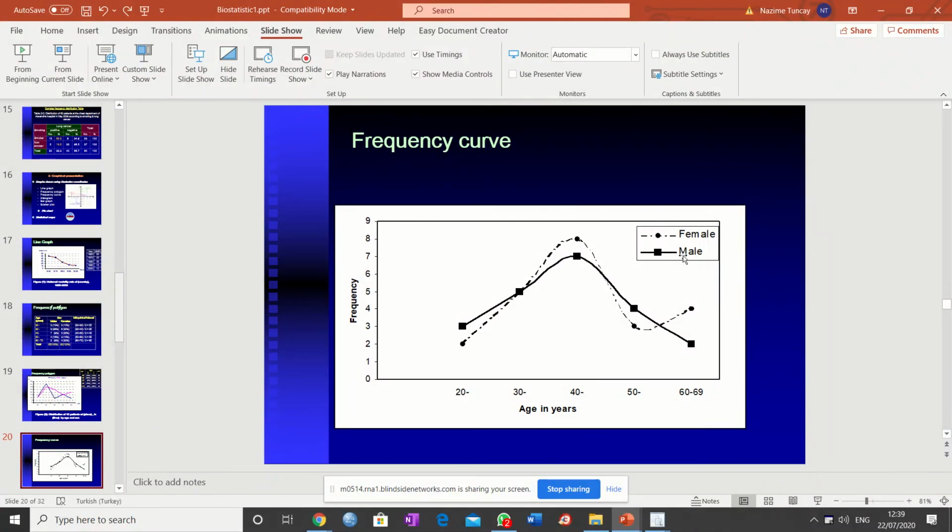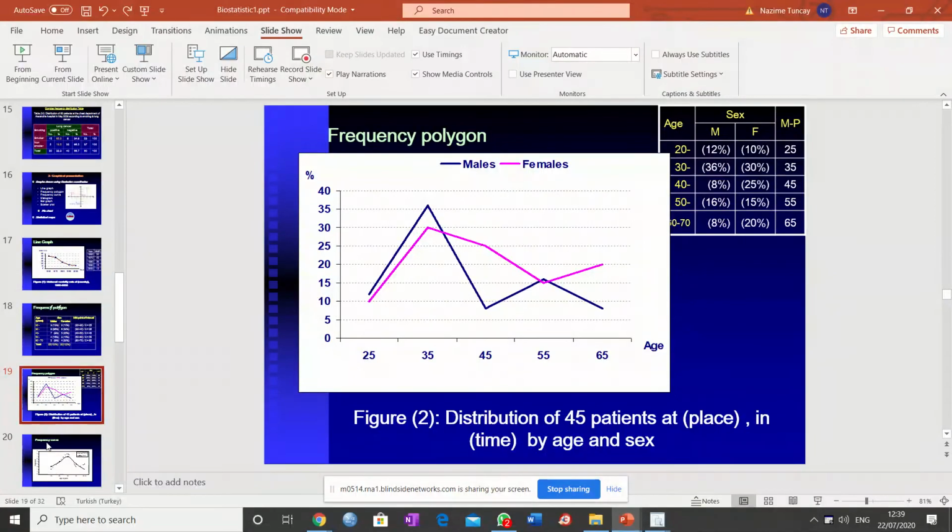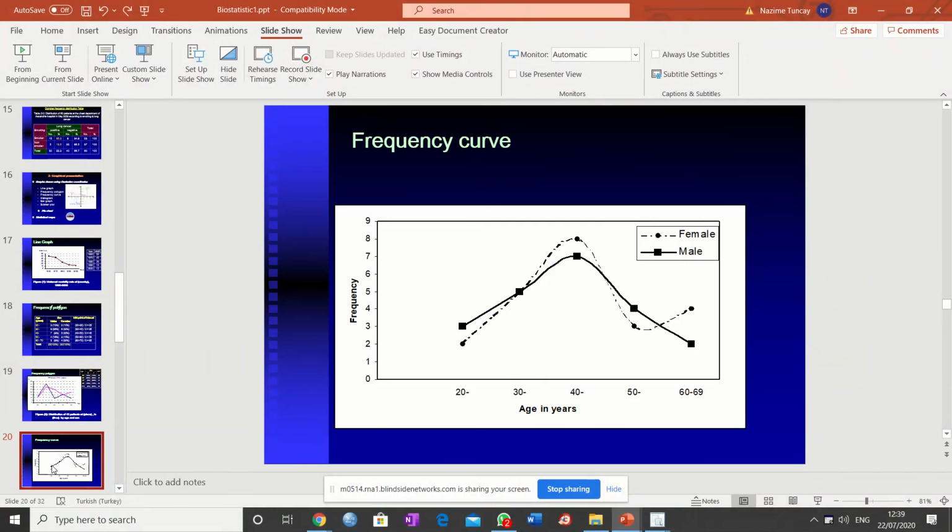Male is expressed as this continuous line with a square in the middle. Okay, it is just a way of showing it. We have to find two different expressions. So this curve shows the distribution of male, and these show the distribution of female. So this is also possible. So this way of showing and this way of showing are both possible.